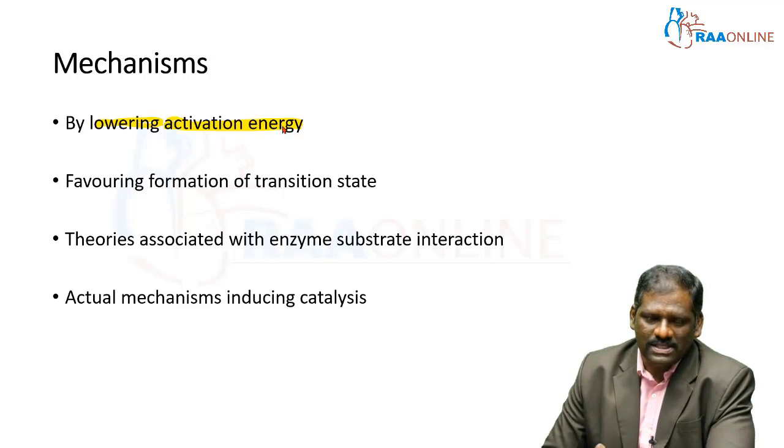First we are going to decrease the activation energy and favor the transition state. After this we will see the various theories associated with enzyme substrate interaction, and finally the actual mechanisms which induce the catalysis.